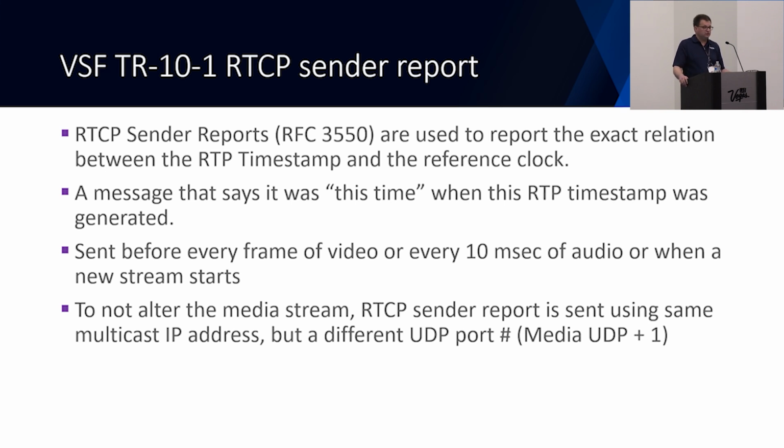So, to not alter the media stream and stay compatible with SMPTE 2110, this information is sent to the same IP address as your video flow, but using a different UDP port. So a SMPTE 2110 receiver will be able to receive your video stream and will just ignore that extra packet sent on a different UDP port.